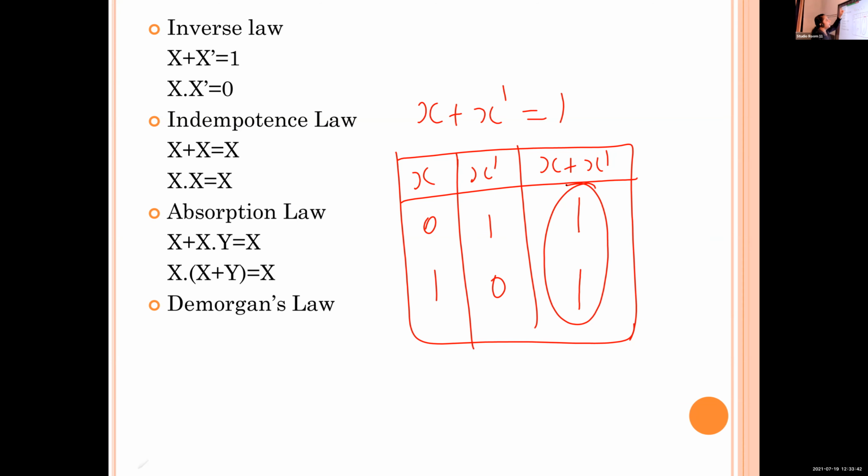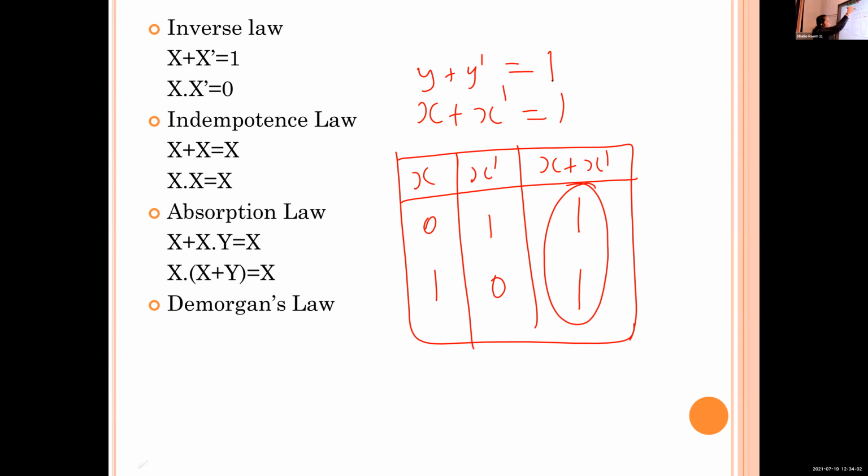If we add one Boolean variable and its complement, the result is always 1. Another example, Y plus Y complement. What is the result of Y plus Y complement, Joel? 1. Y plus Y complement is also 1.